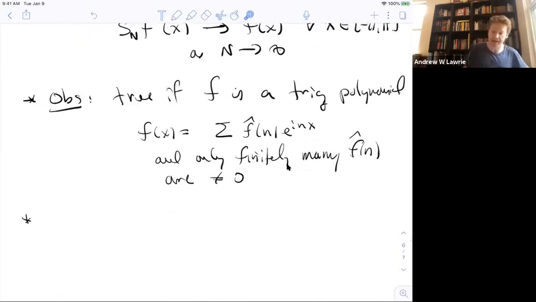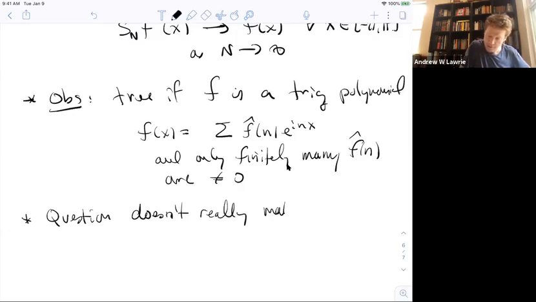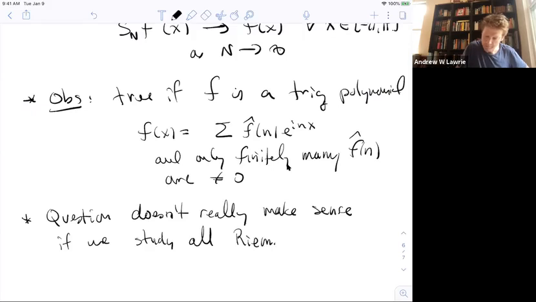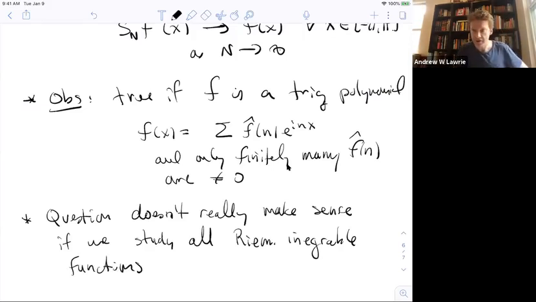The next observation is that, well, the question doesn't really make sense if we study all Riemann integrable functions, whatever that means, right?